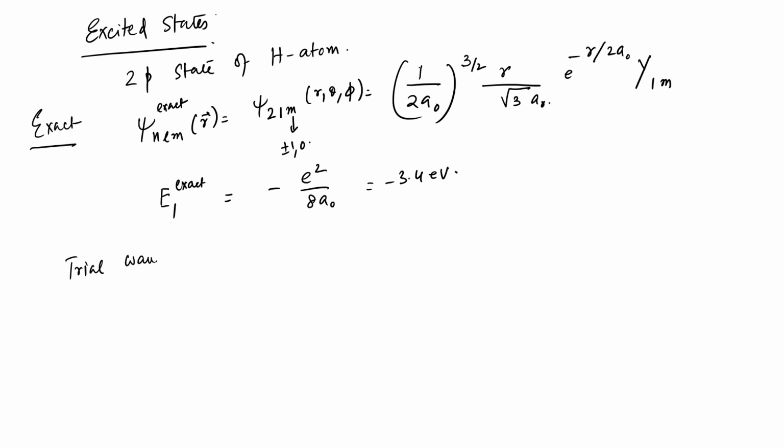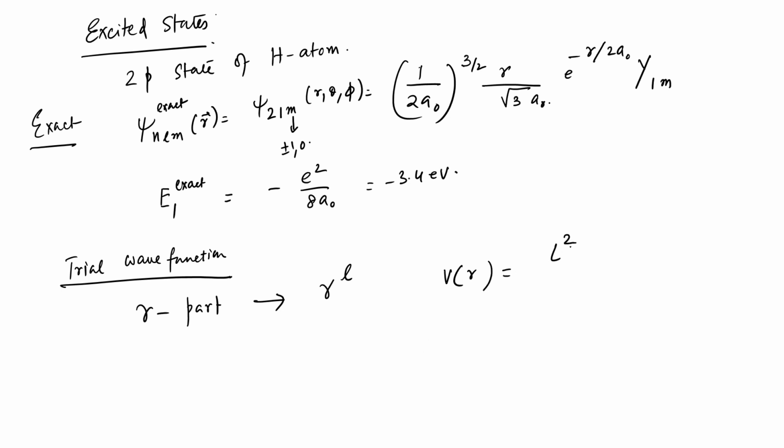The r part of the trial wave function must be something like r to the power l, because the radial part has this l dependence, which comes from the part of the potential term that is like L square by 2 m r square, that is, l into l plus 1 divided by 2 m r square.